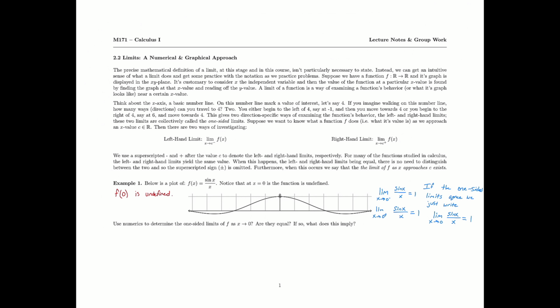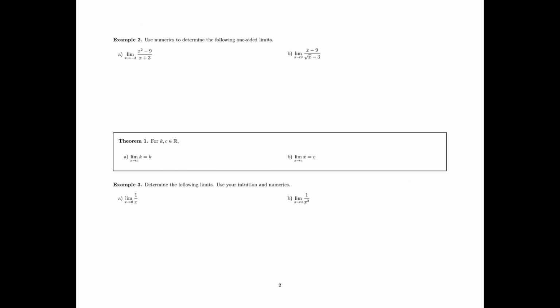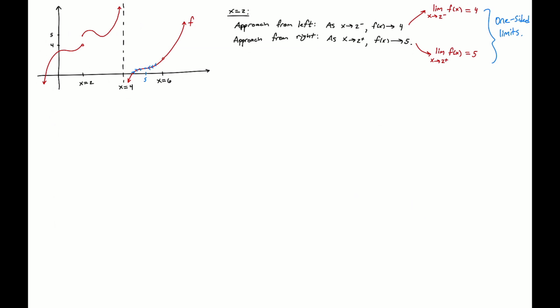If there is a discrepancy between the one-sided limits, like we saw in the previous video of a piecewise function, we can quickly jump back to that. Here, we can see that the left-hand limit is 4, the right-hand limit is 5, so clearly these two one-sided limits do not agree.